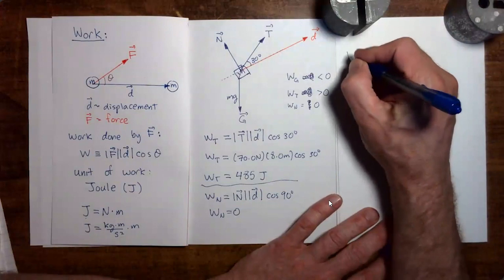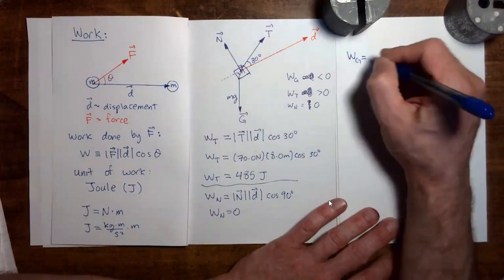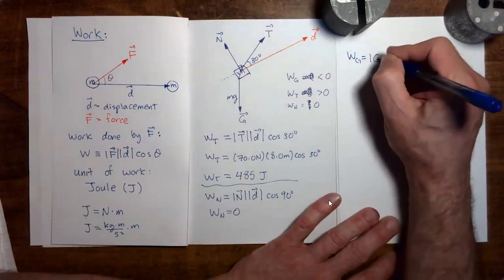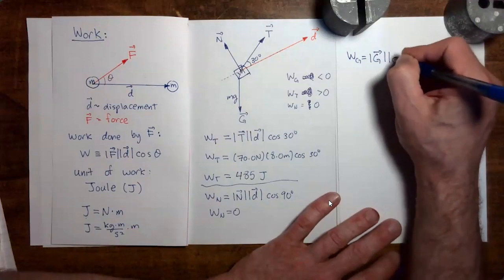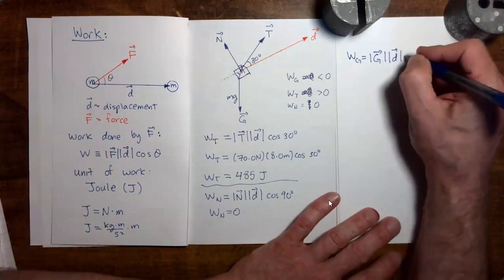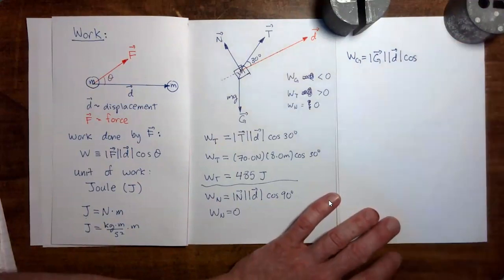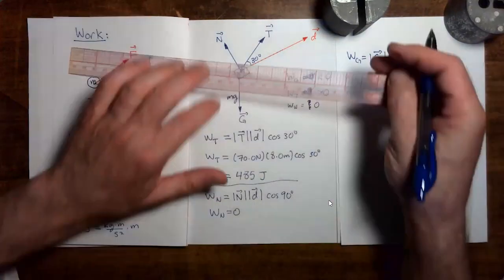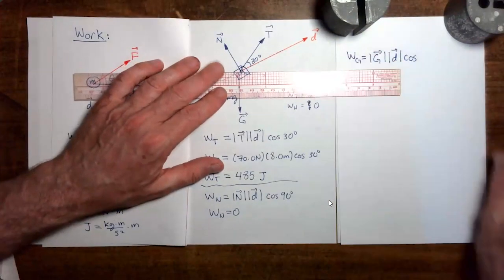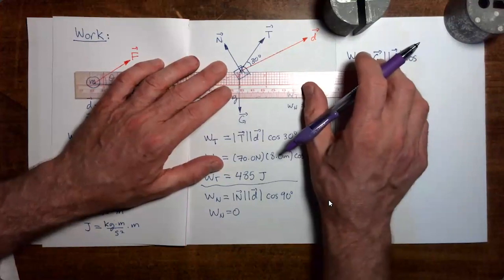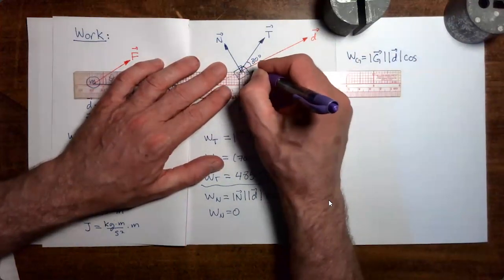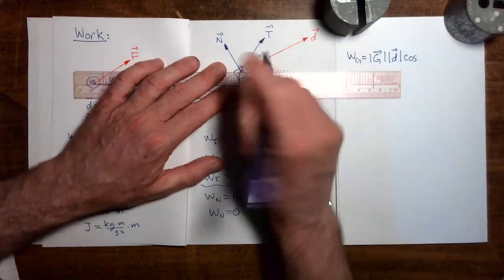Okay, so the work done by the gravitational force would be the magnitude of the gravitational force times the magnitude of the displacement times the cosine of the angle between them. So let's be careful about the angle between the gravitational force and the displacement. I'm going to go back into here and indicate the horizontal.